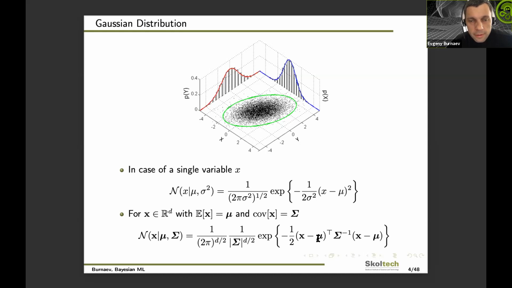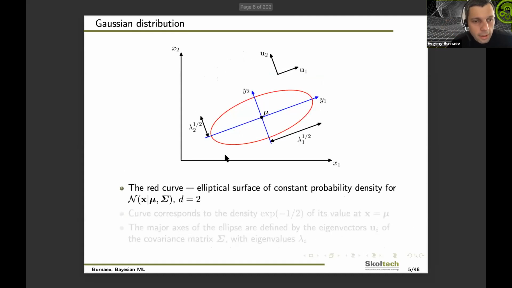Mu is the mean vector, and sigma is the covariance matrix containing values of covariances between components of the vector x. Actually, the covariance matrix defines the shape of the distribution, the shape of the support of the distribution.